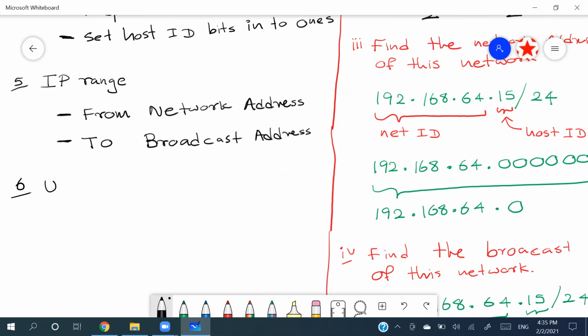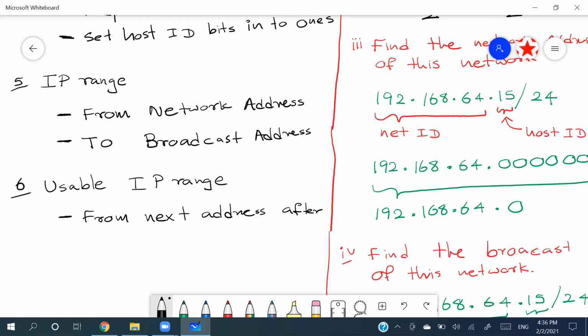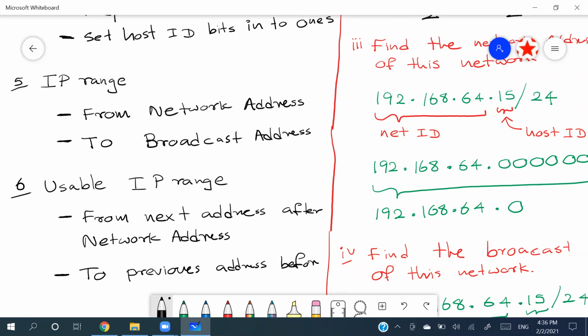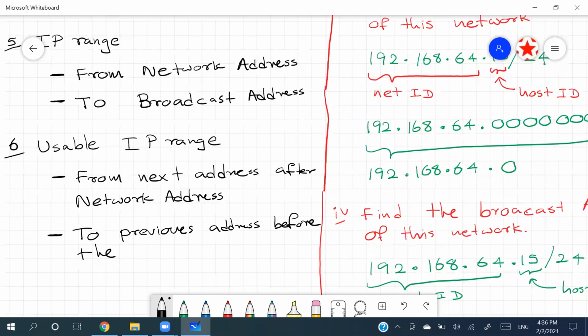So the usable IP range is from the next address after the network address to the previous address before the broadcast address.